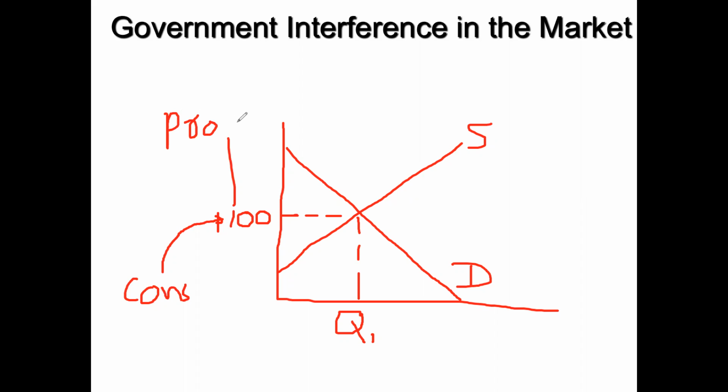When the consumer pays 100 rupees, the producer should receive 100 rupees, if the price is purely determined by demand and supply.